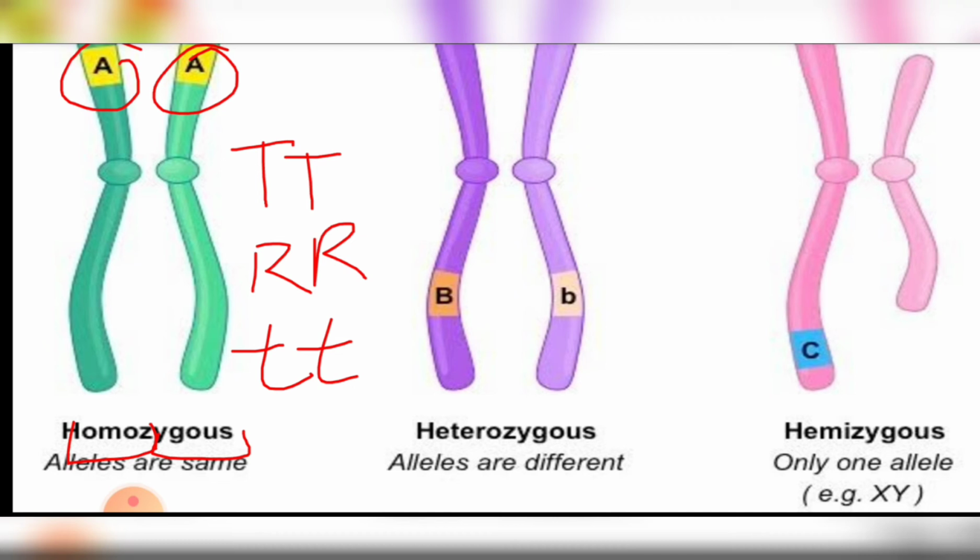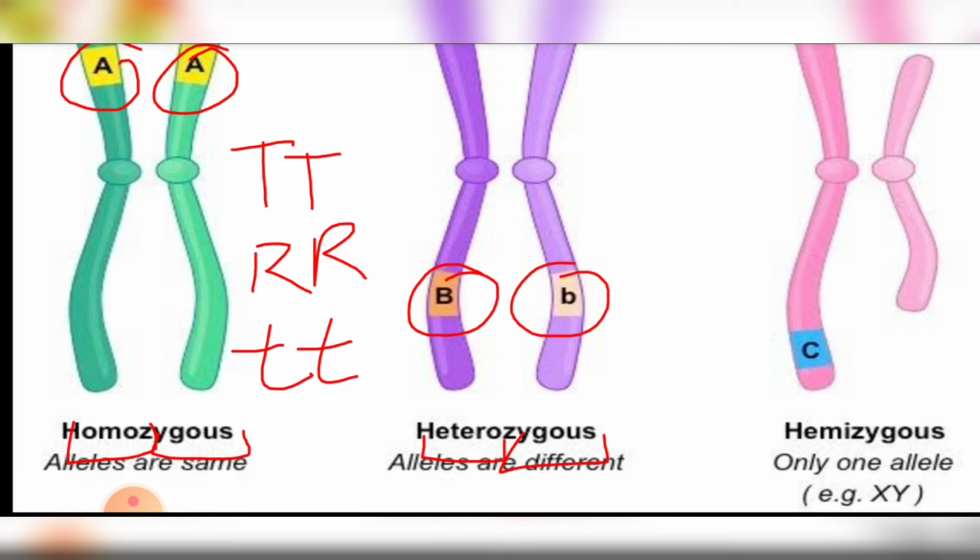While in heterozygous, hetero means different and zygous means zygote. In heterozygous, a zygote is formed by the fusion of two different types of gametes carrying different factors. It is called a heterozygote. For example, capital B and small b.